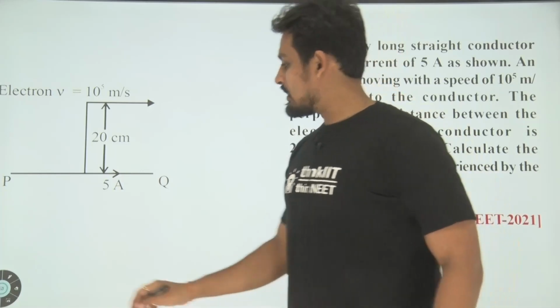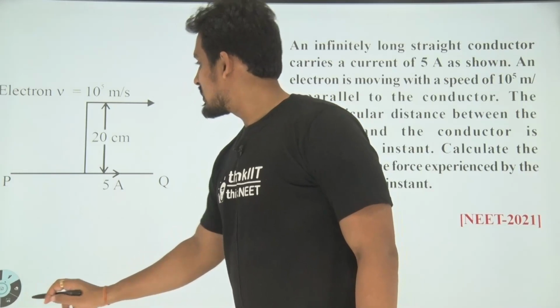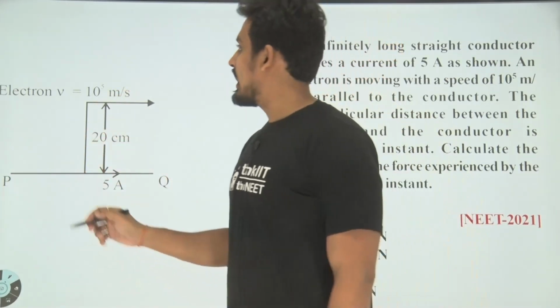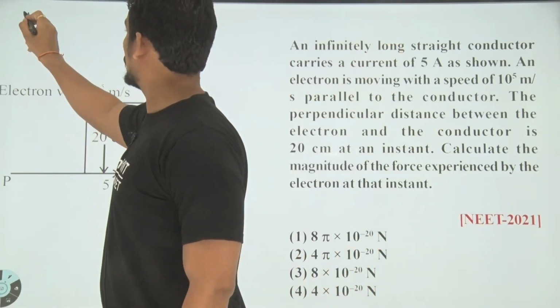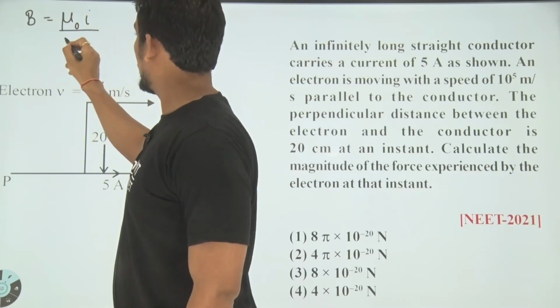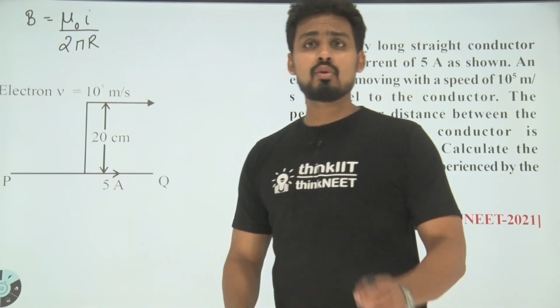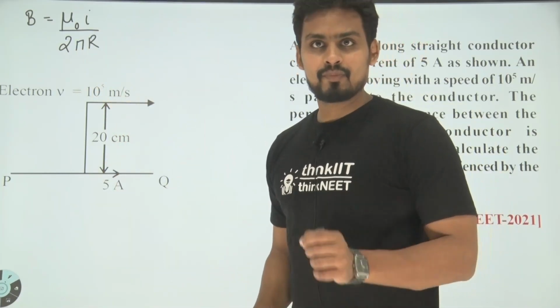Fine, very good. But what is the value of magnetic field in the area surrounding this particular electron? I would say the magnetic field at this position would be given as mu naught I upon 2 pi r, where r is equal to 20 centimeter. Correct?